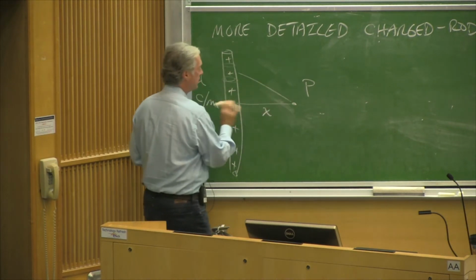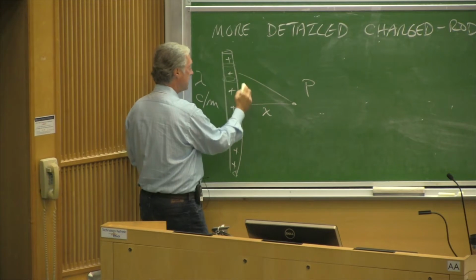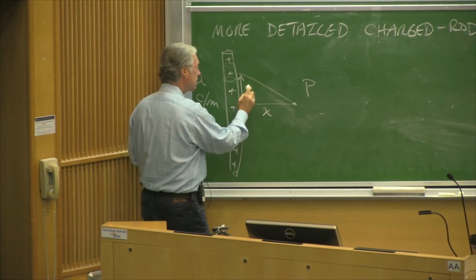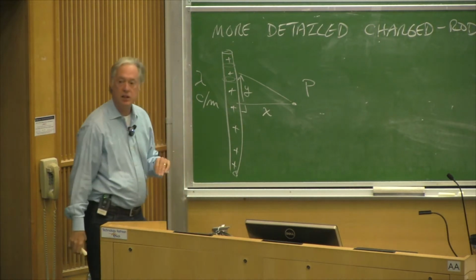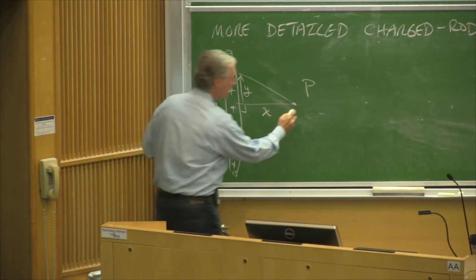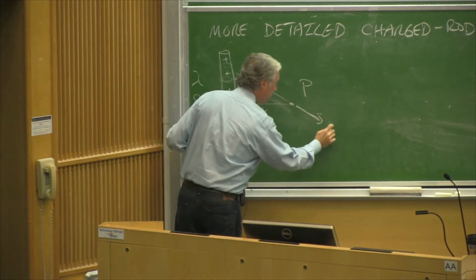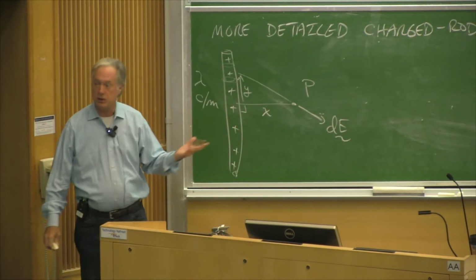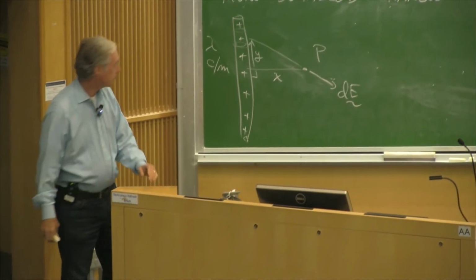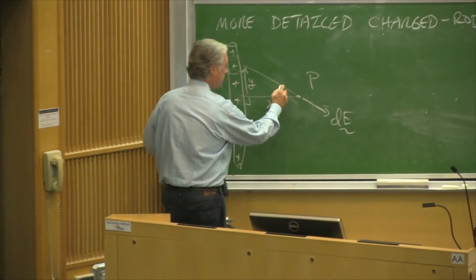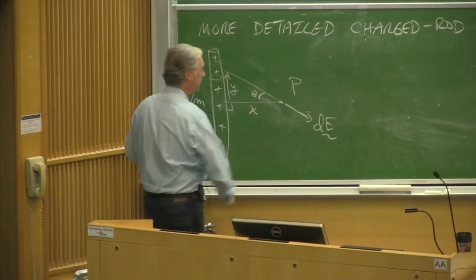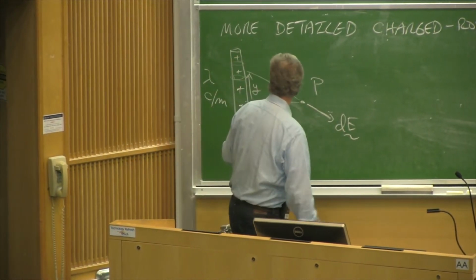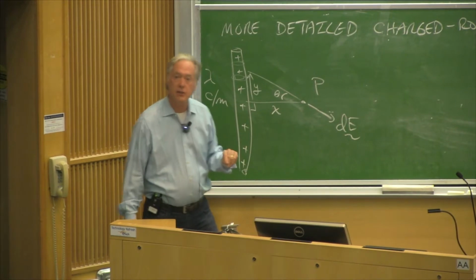That's some distance out here, and its height from that point x is y. And that little chunk of charge will make a contribution to the electric field. Let's label it as a differential contribution, dE. And I see there's an angle here. Let's call it theta. I think that's the way I drew it last time.